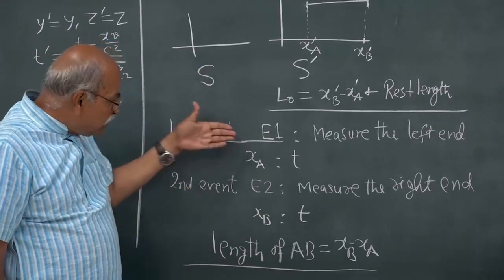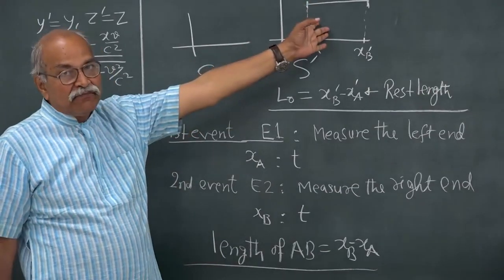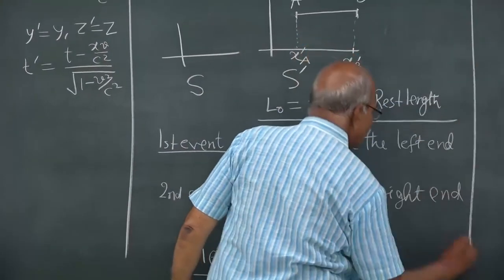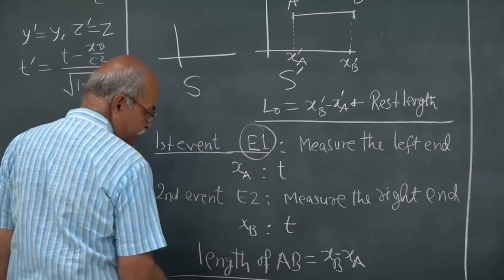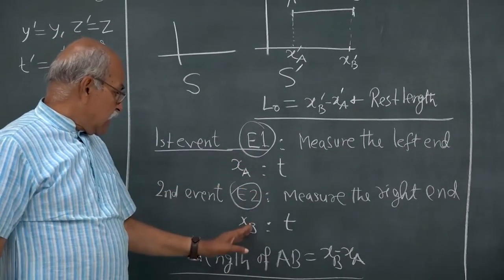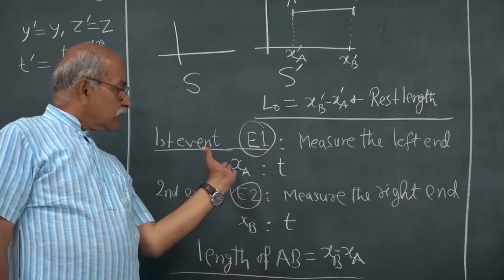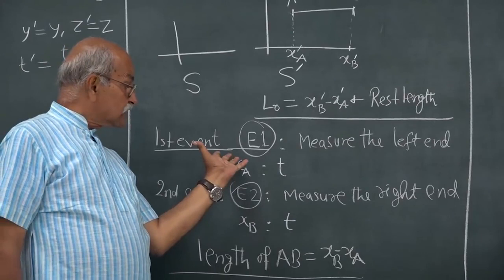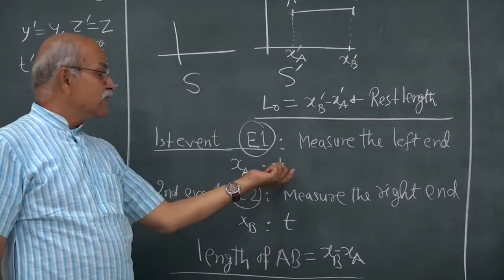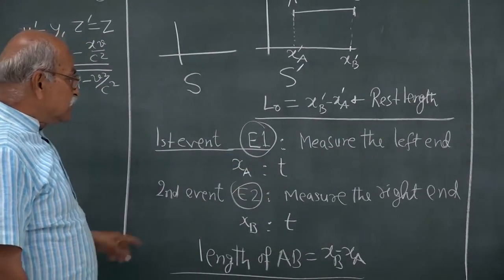This is the length of AB as seen from the frame S. Now, these two events E1 and E2 we will transform to S prime using the Lorentz transformation. I know the position and the time of each event. So, if I take the S prime frame, what is the corresponding coordinate and the corresponding time? For that we will be using the Lorentz transformation.